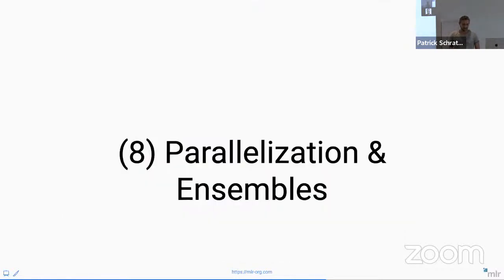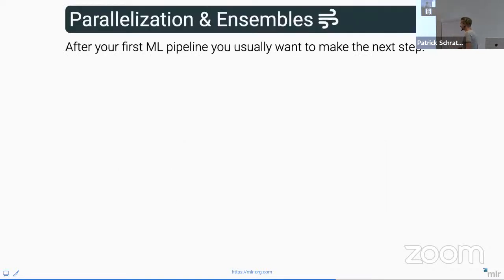So now that we've covered all the basics and intro parts, maybe let's go to a topic that sits between the basic part and the advanced part: parallelization and ensemble models. Usually running one learner on one task on a small data set takes a few seconds, right? It's easy.